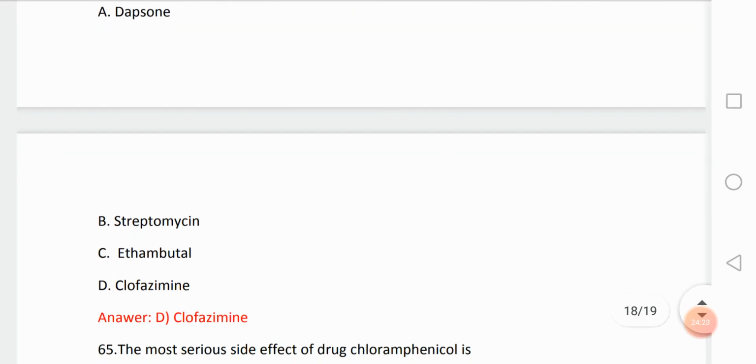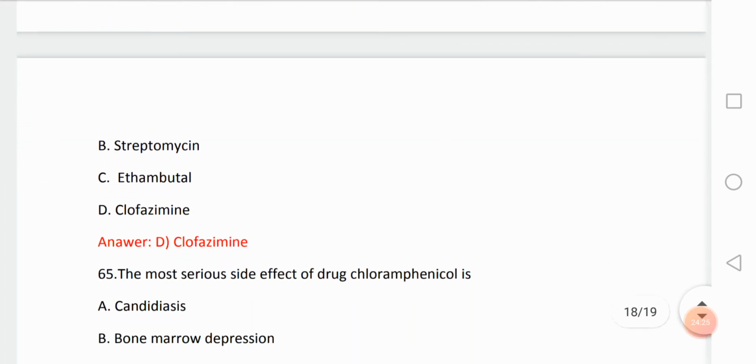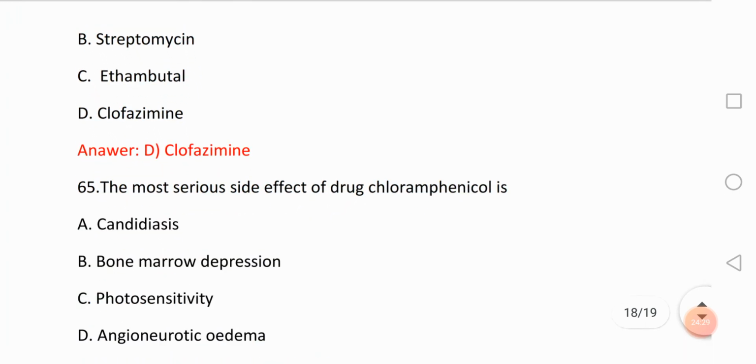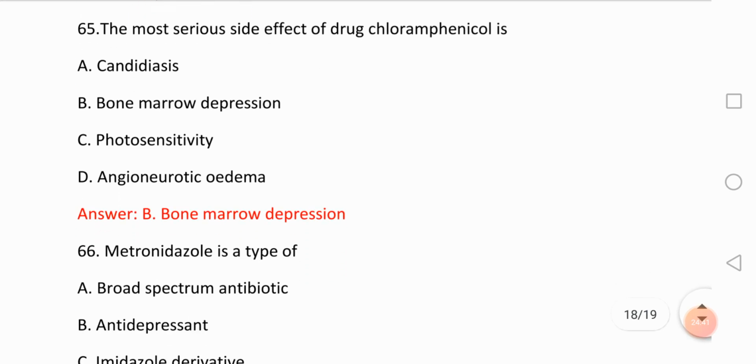And the answer is D. clofazimine. Most serious side effect of chloramphenicol is A. candidiasis, B. bone marrow depression, C. photosensitivity, and D. angioneurotic edema. And the answer is B part, bone marrow depression.